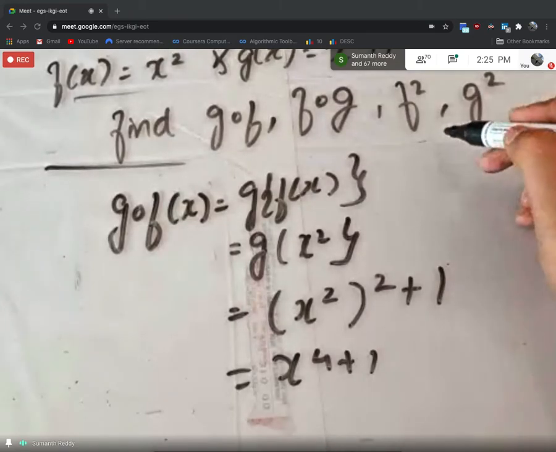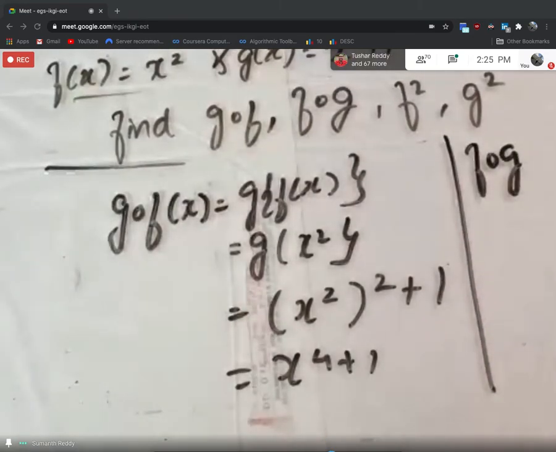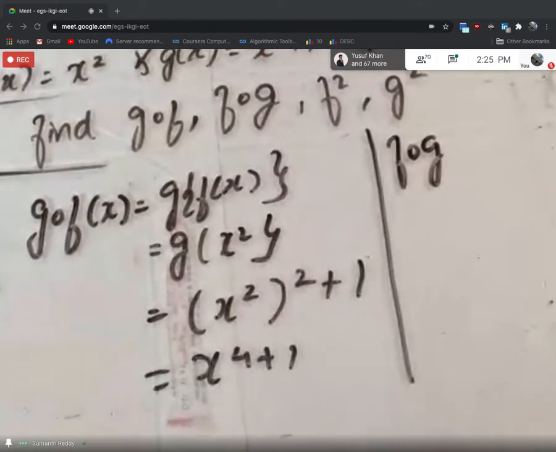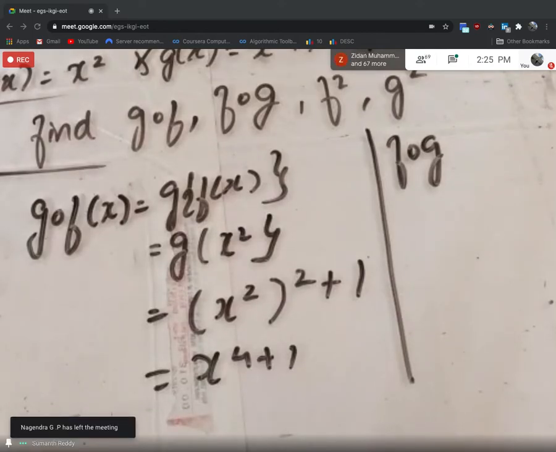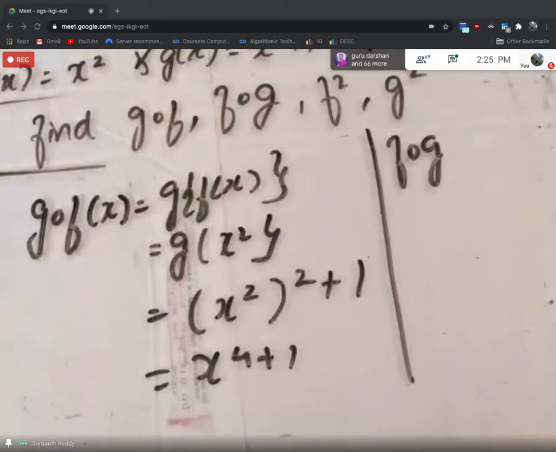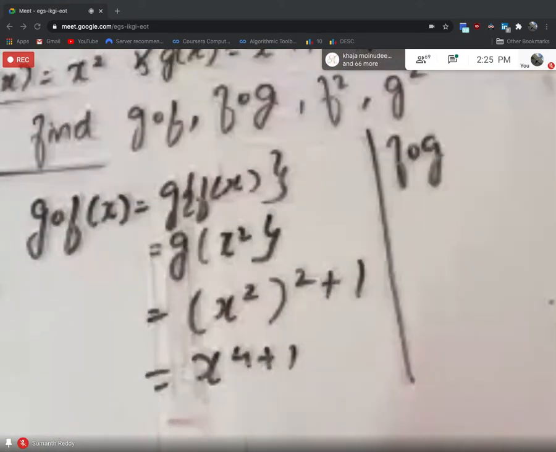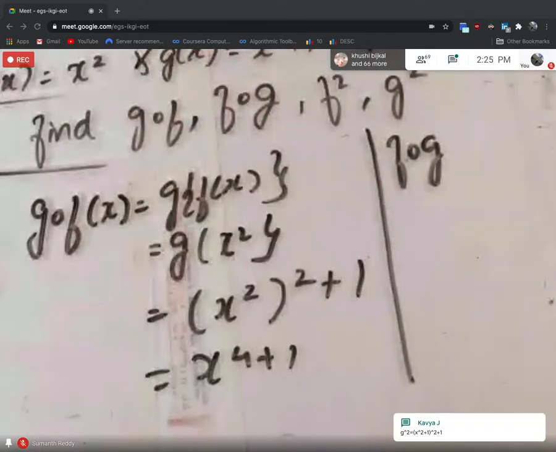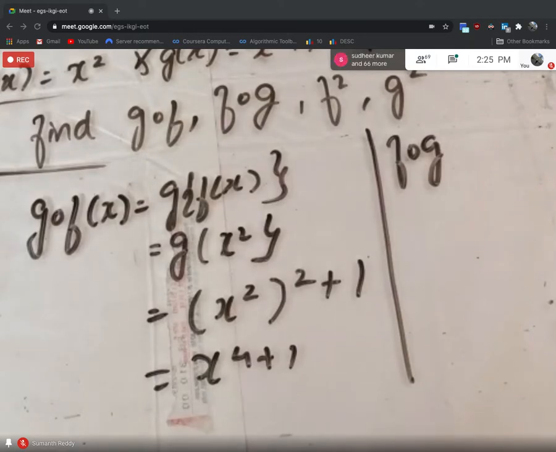So now you just try to solve for f composition of g. Okay, so you people solve for all the 3 sub questions, f composition of g, f square, and g square.